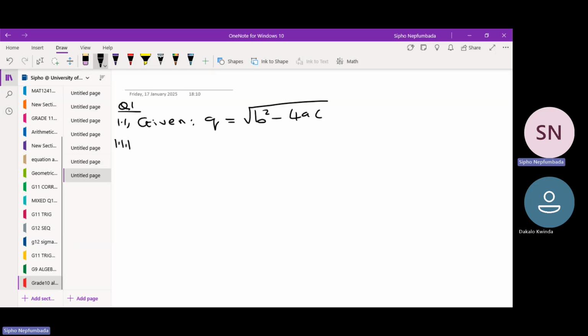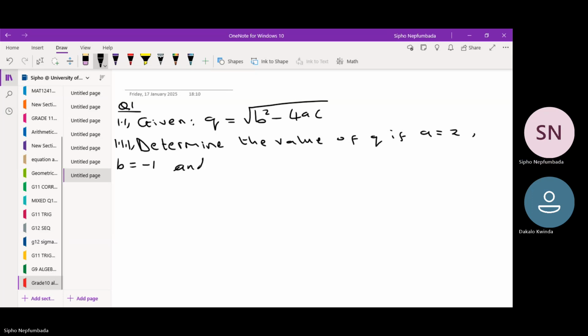They say on 1.1.1, determine the value of Q if A is equal to 2, B is equal to minus 1, and C is equal to minus 4.